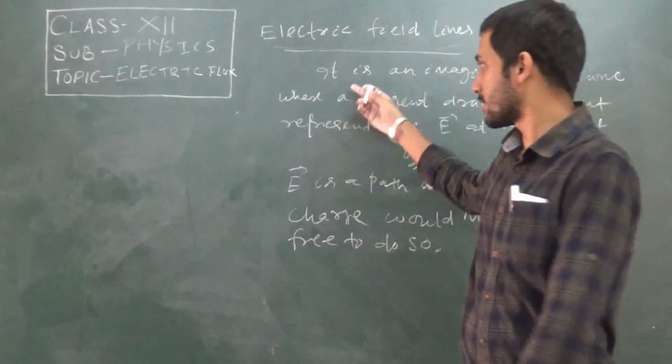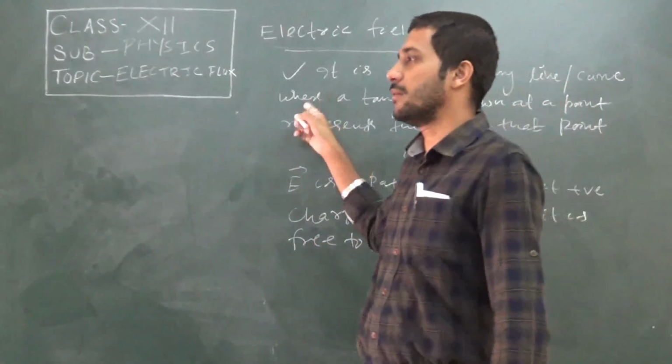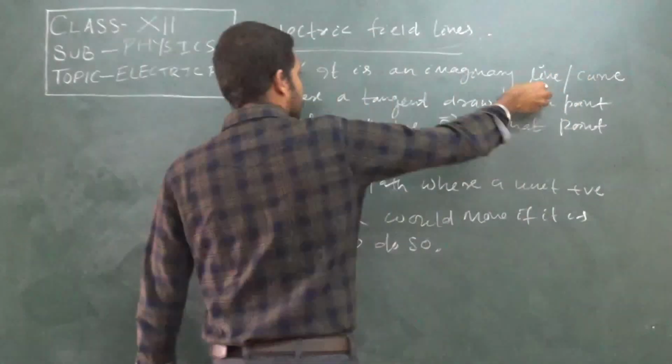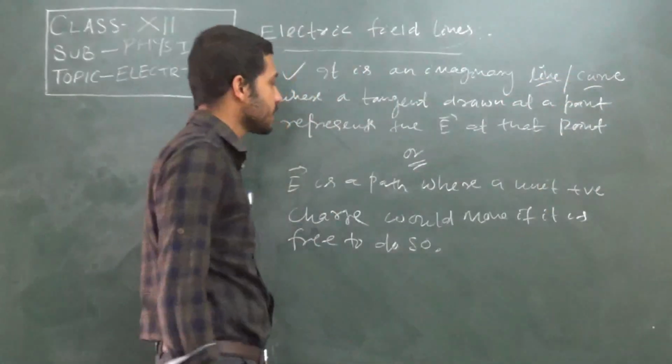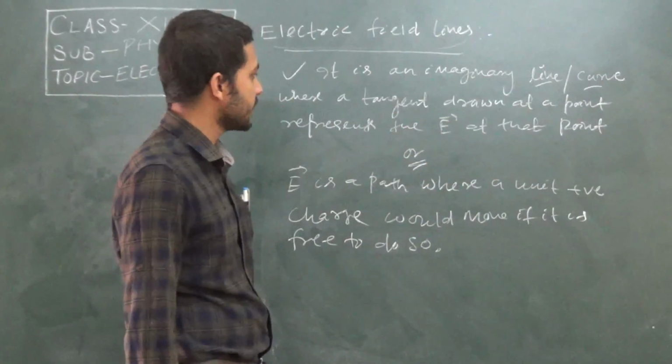So these are two definitions. This one is the proper one. Always remember, you need to read this definition every time. It is an imaginary line or curve. See, it is a line or can be a curve, in a one-dimensional structure, where a tangent drawn at a point represents the electric field at that point.